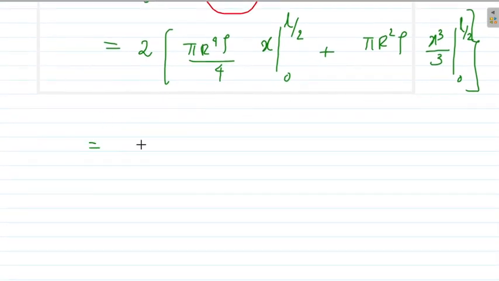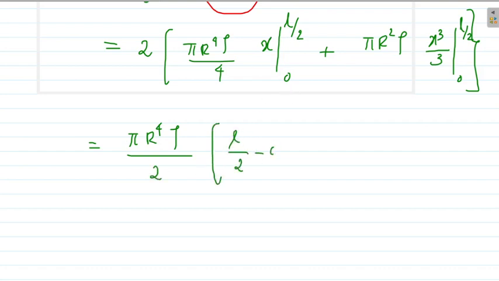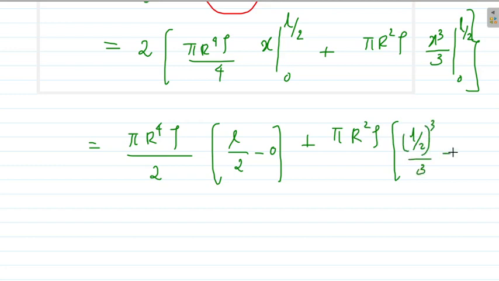Now carrying out this part, this is equal to pi r raised to 4 rho divided by 4, divided by 2, into L by 2 minus 0, plus pi r square rho into L by 2 whole cube by 3 minus 0, multiplied by 2. This 2 term is common to both the first term and the second term.